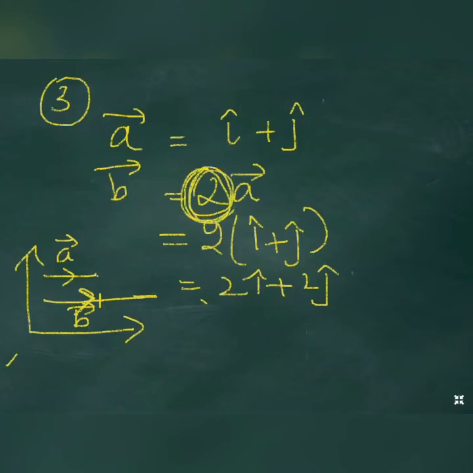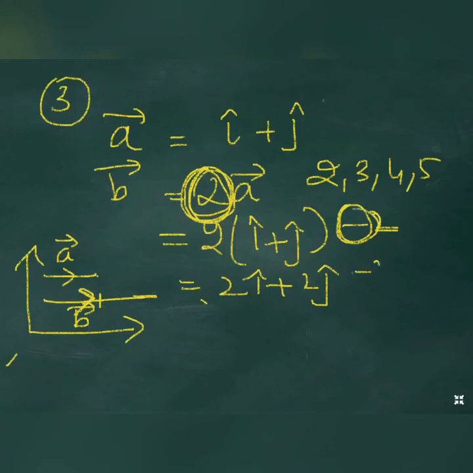Here you have to note that you will always have to multiply by positive numbers like 2, 3, 4, 5, etc. Do not multiply by negative numbers, because collinear vectors can also have opposite direction if there is a negative sign before the number.